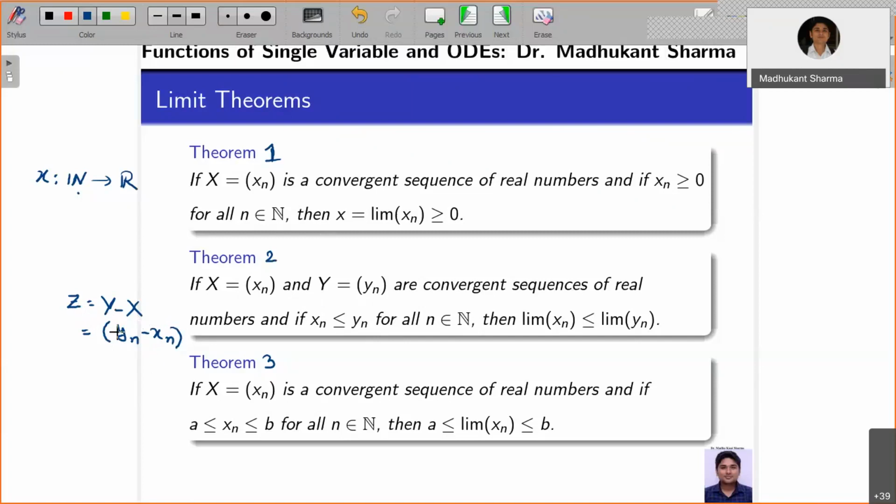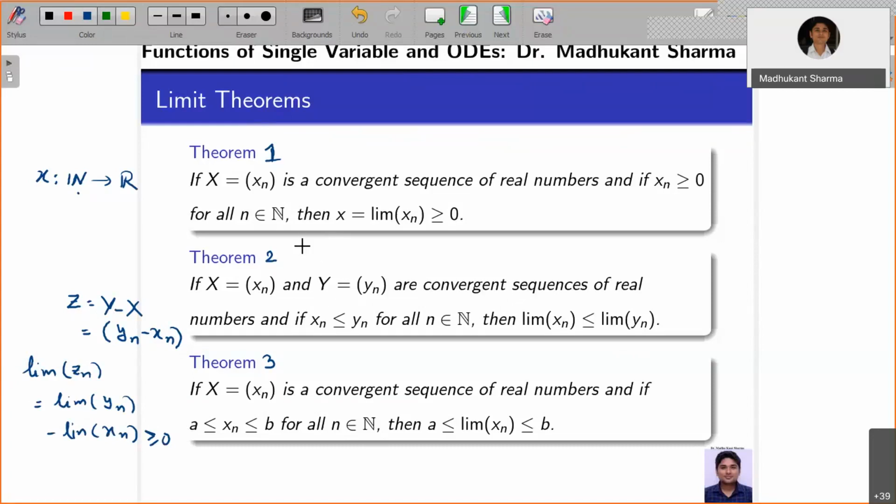So the limit of y minus x: if you talk about the limit of zn, the nth element is nothing but the limit of yn minus the limit of xn, from the previous result that has been shown. This certainly is greater than or equal to 0 because of theorem 1, which establishes the result that the limit of xn is less than or equal to the limit of yn.